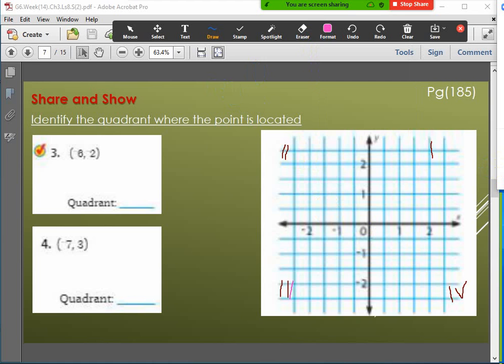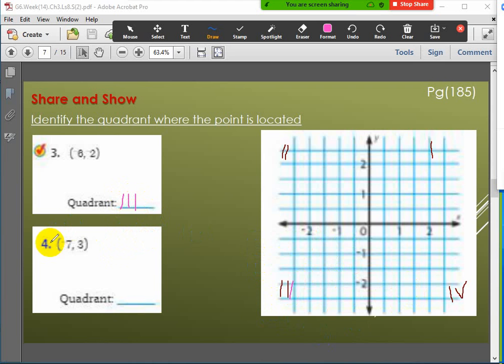Very good, Maria. Thank you so much. Because the x is negative, that means it will be on the left side of 0. The y also is negative, that means it will be down. So the point will be located in this area. We name it the third quadrant. So you have to write the Roman number 3.